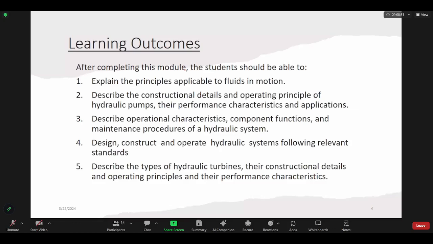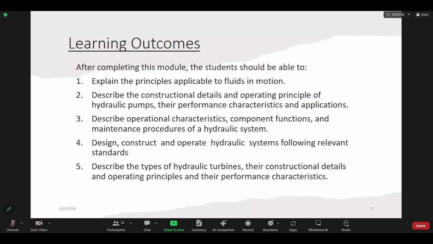After completing this lecture series, you will be able to know about the principles applicable to fluids in motion, and describe the constructional details and operational principles of hydraulic pumps, their performance, characteristics, and applications. You can also identify some maintenance procedures in hydraulic systems, how hydraulic systems work, and their specifications.